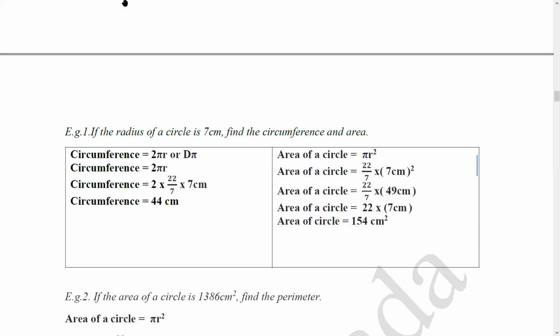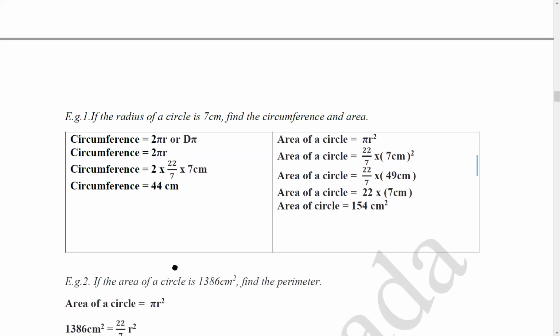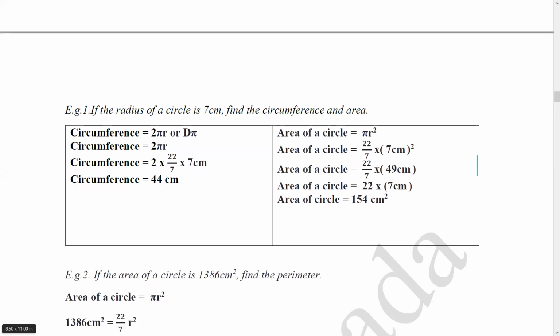Okay, so let me clarify for the people who are not understanding. They gave us the area of the circle as 1386, and we are asked to find the perimeter. So we state our formula first. Area of a circle is pi r squared. So 1386 is equal to pi r squared, and we know pi is 22/7.